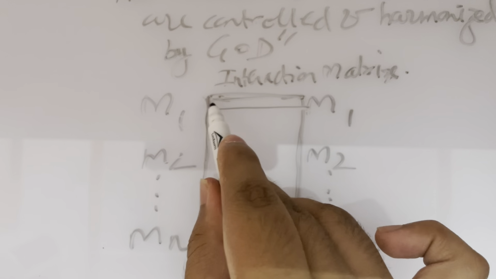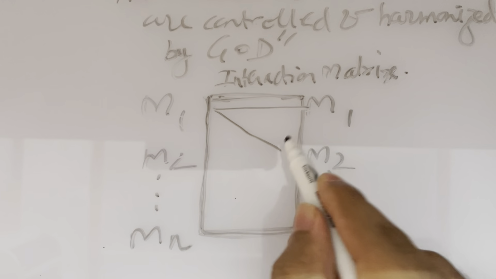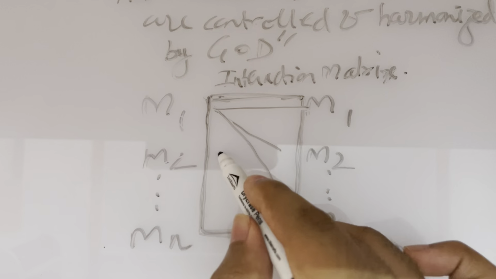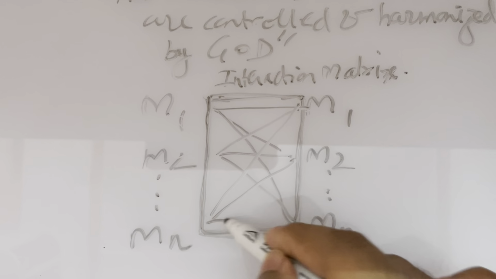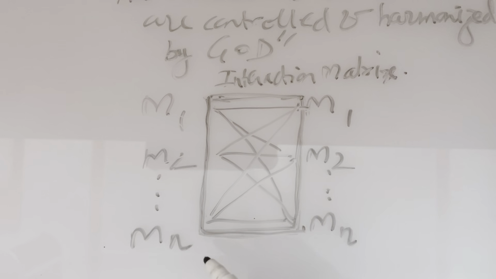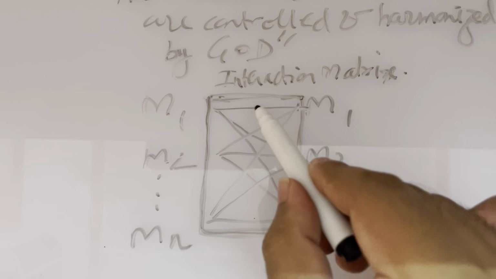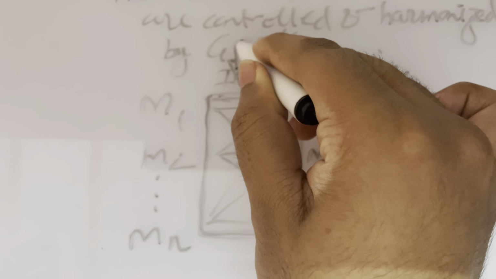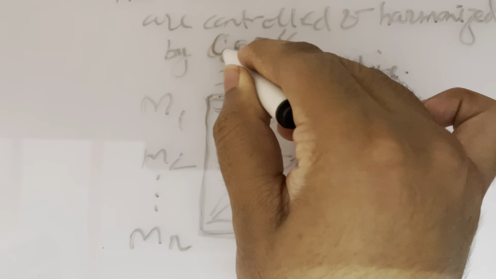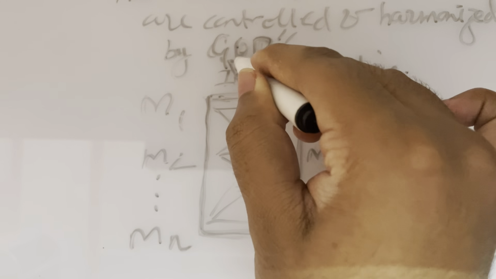So interaction between M1 and M1, we have M1 and M2, we have M1 and Mn, M2 and M1, M2 and M2, M2 and Mn, Mn between M1, and all the combinations of that matrix. This is controlled by God. All these interactions are controlled by God.